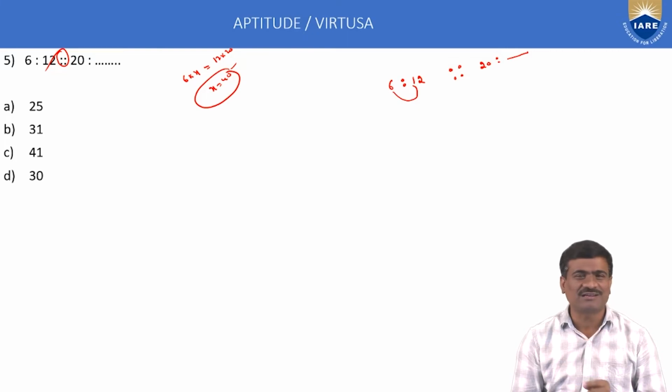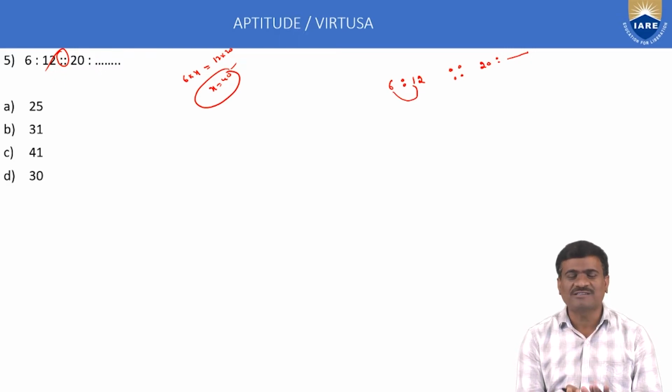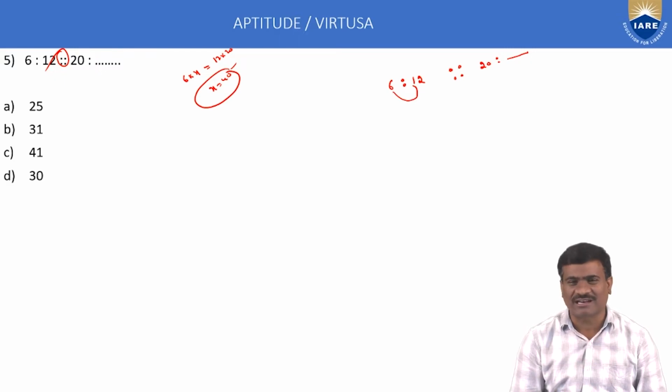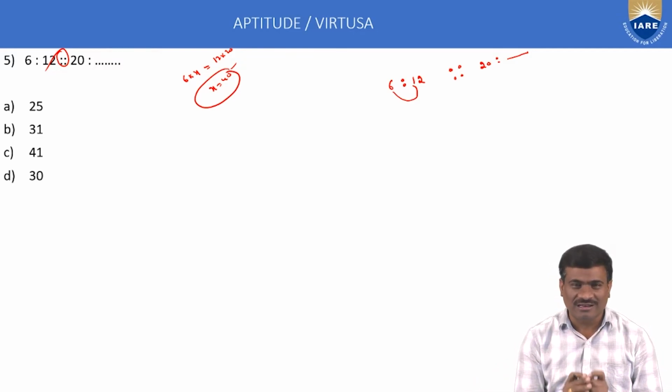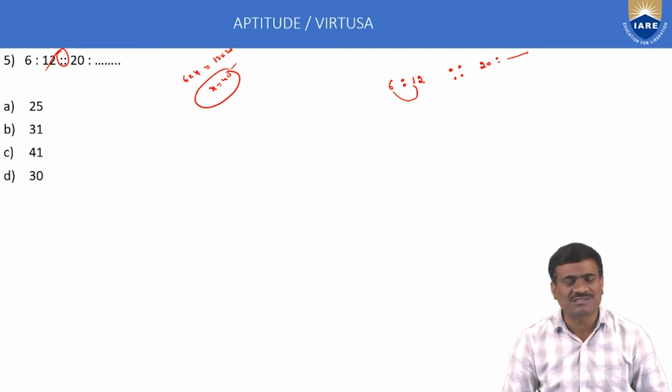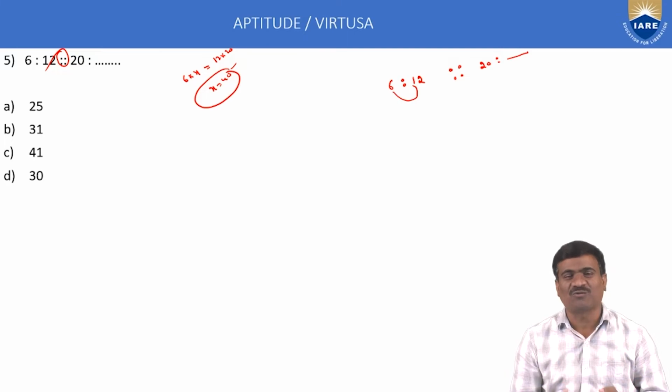Find the logic from the given example, apply the same logic to the given options. If the answer is available, that is correct. If not, go to another logic.